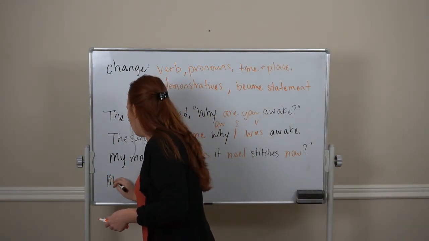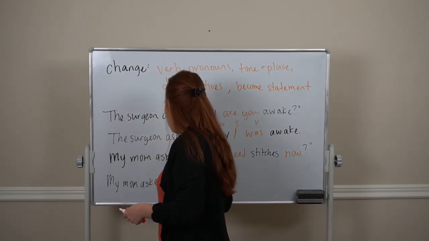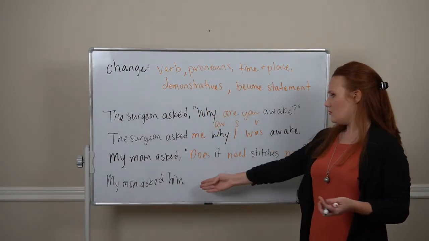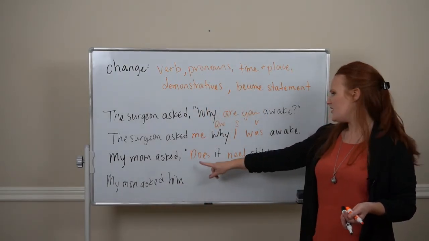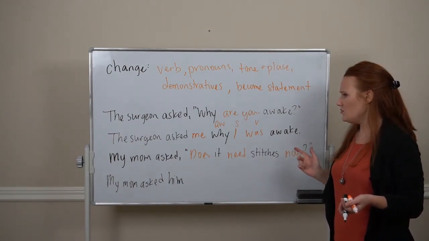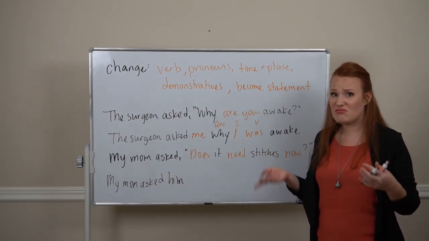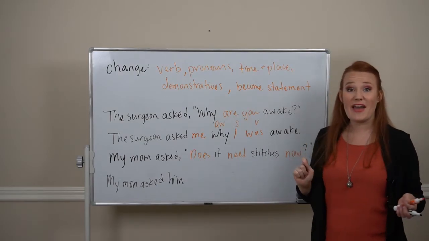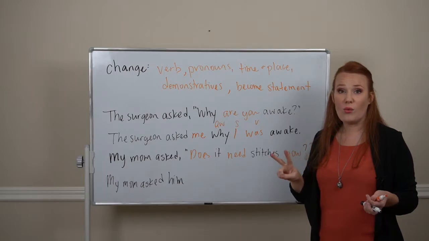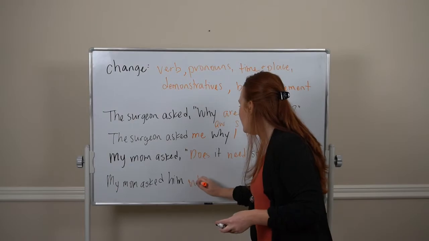So, my mom asked him, but all of a sudden, we don't have a question word here. This is a closed question, not an information question. So, what should we use? What should we put at the beginning of this reported speech? Any ideas? If you think back to embedded questions, we can use if or whether for these yes/no questions. So I'll add that in.